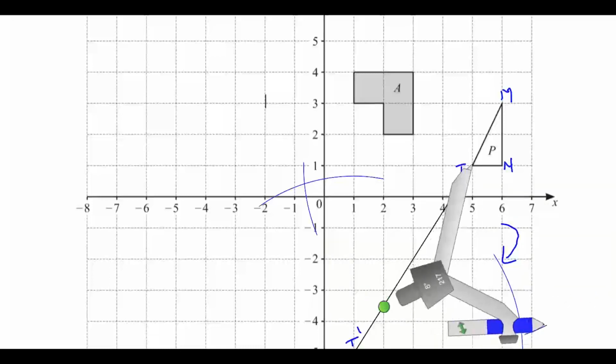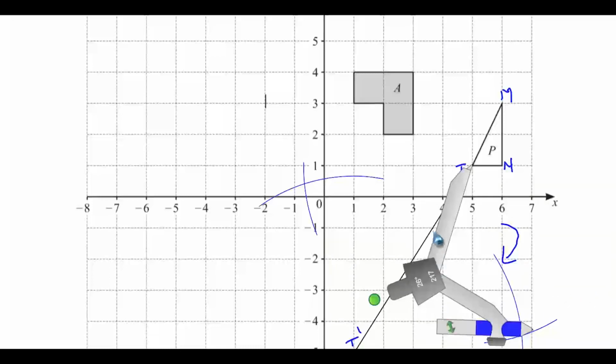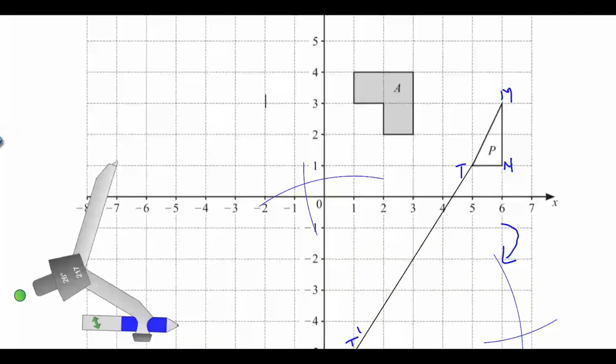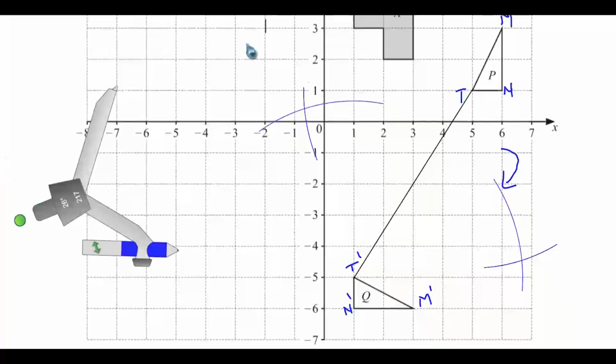So we have the first intersection. So let's join them together. You have to make use of your ruler. Okay, so I think I'm good like this. So that's the first one.